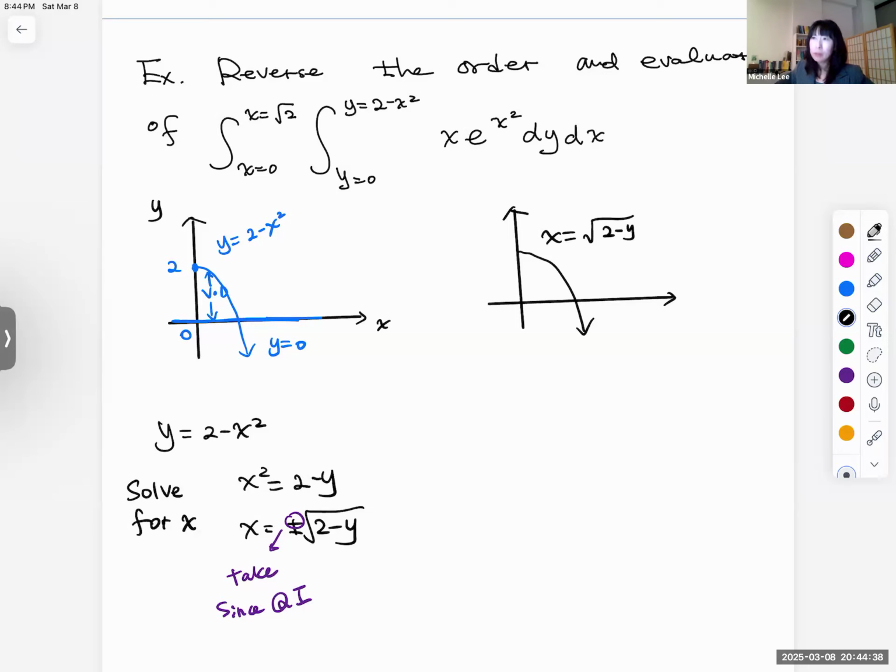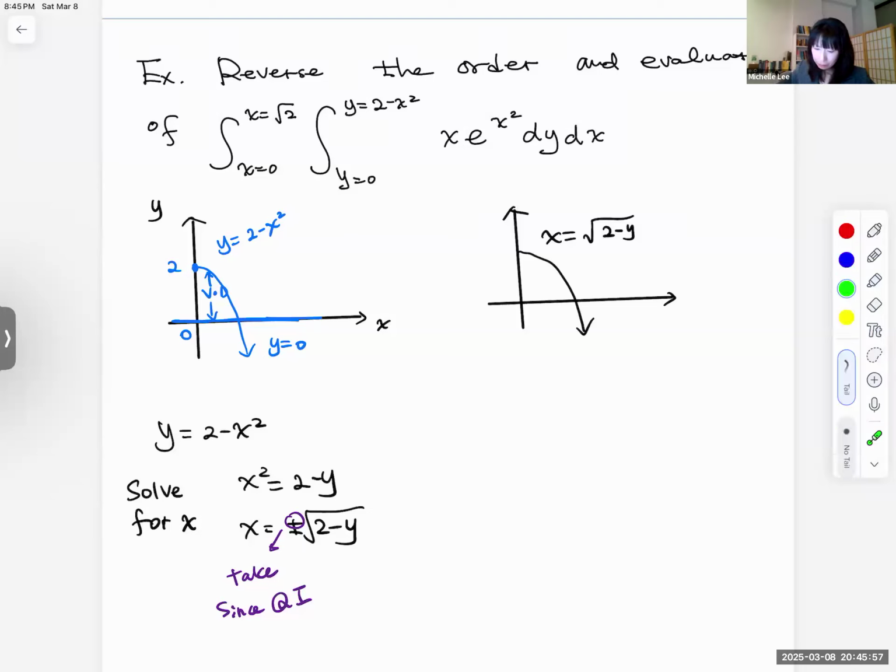And then we set up the limits, right? So we had earlier the x interval from 0 to square root of 2, right?